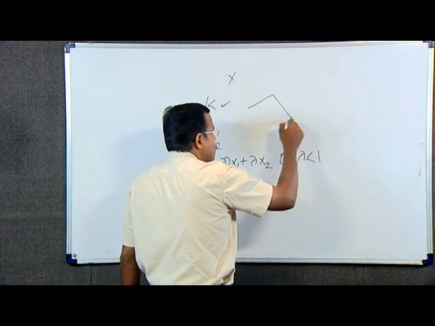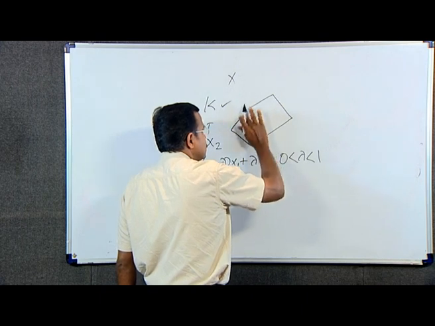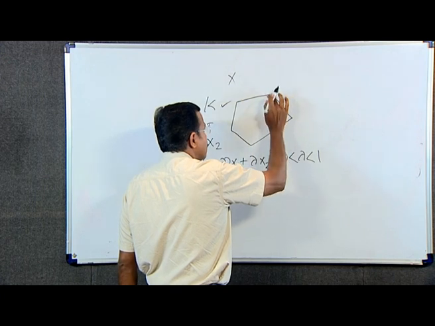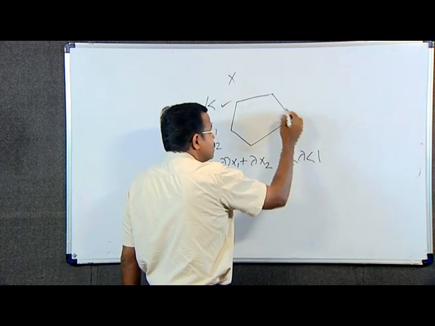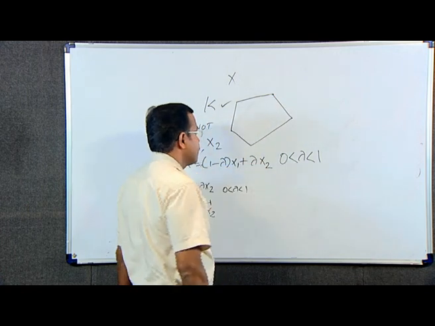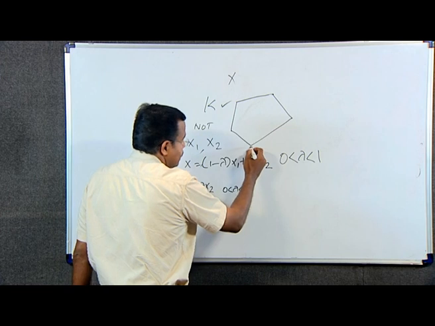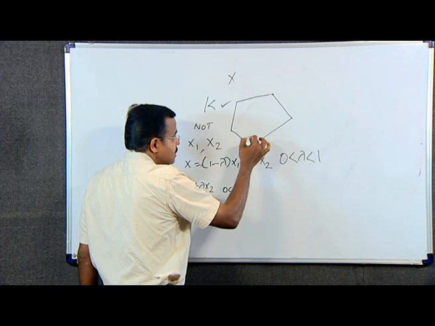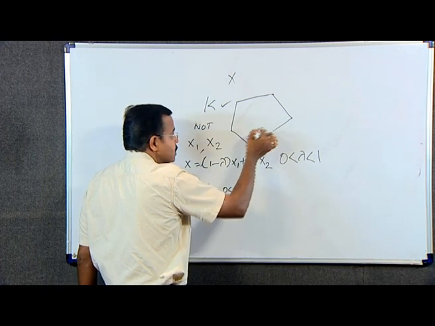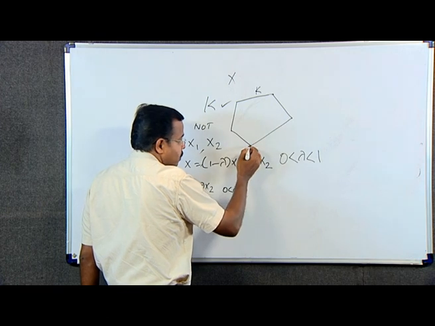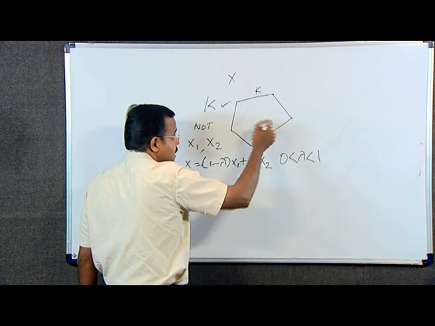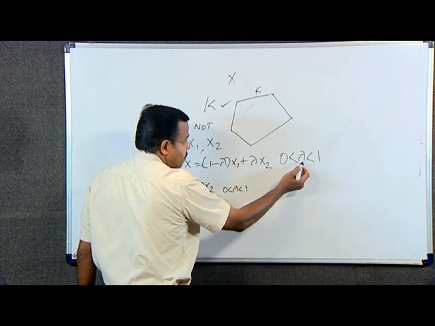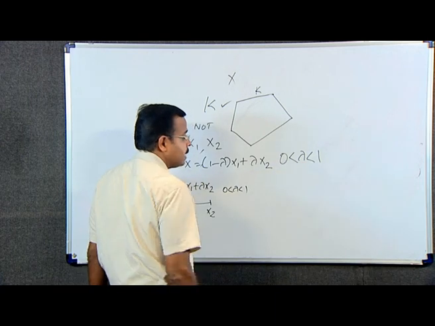Somewhere we can consider a convex set like this. These are the vertices of this convex set. The speciality of these points is that they cannot be expressed as the convex linear combination of 2 points of the set K for some lambda between 0 and 1.